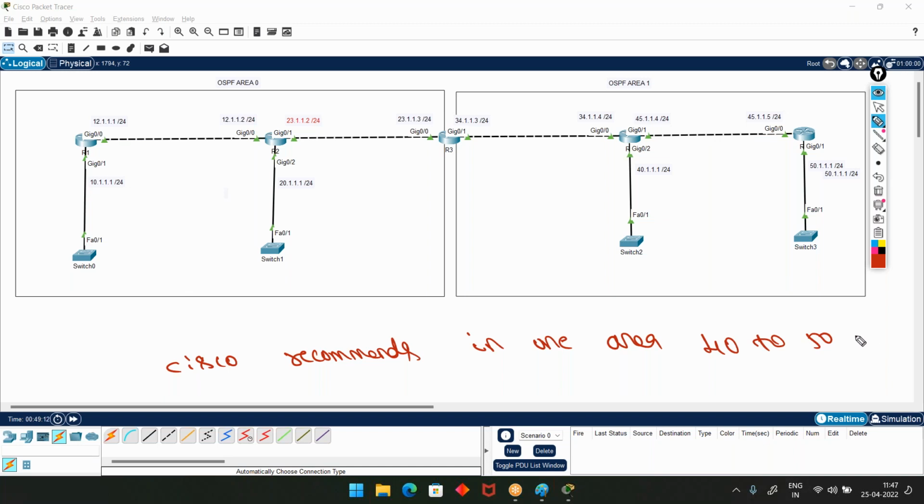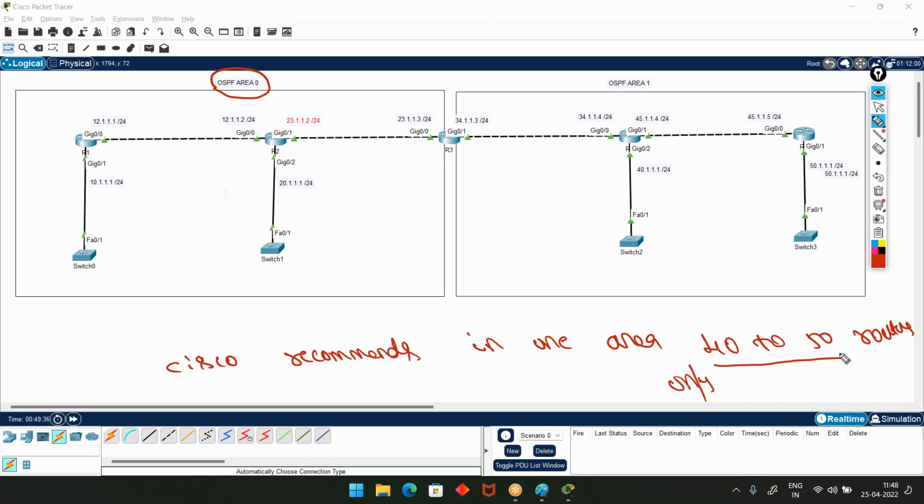That means 50 routers only, don't configure more than that. In area 0, let's configure around 40 to 50 routers.